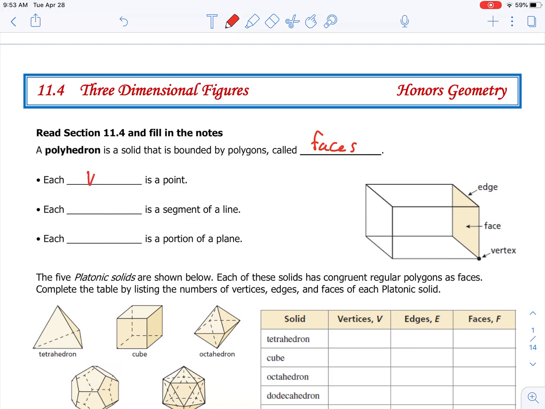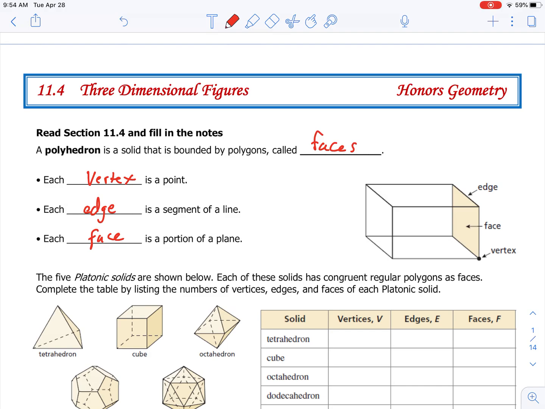Each vertex is what we talk about as the corners or the points in this particular three-dimensional object. Each edge is the segments that travel between any two vertices, and each face is a collection of these different edges that bound a particular surface. So they give us a portion of a plane.